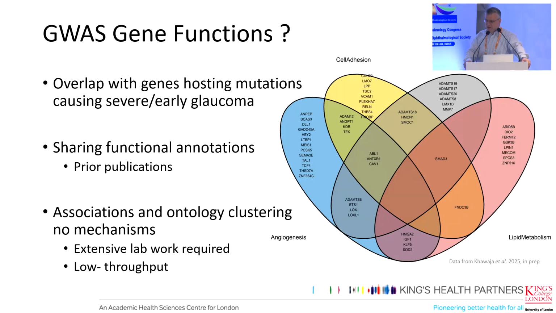Angiogenesis, cell adhesion, extracellular matrix, lipid metabolism, and much more are overrepresented among the top GWAS hits. But we know very little about how those genes link together in a coherent cascade to actually elevate IOP and cause myopia, or conversely, to contribute to good health in the eye.